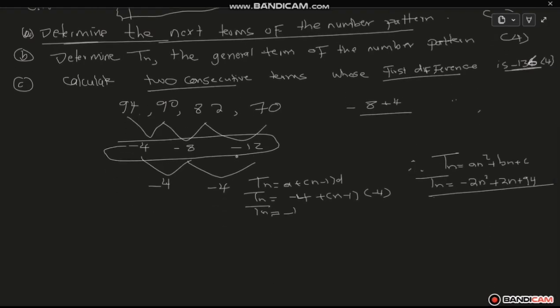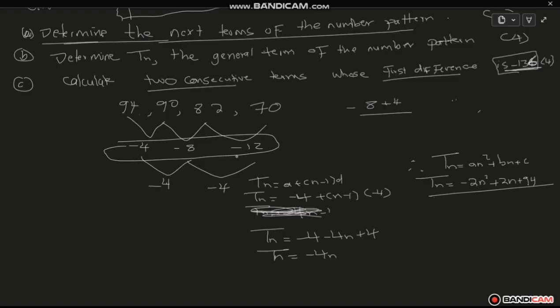So Tn equals negative 4 plus, we distribute the 4, it will be negative 4n plus 4. Therefore, you group the like terms, you have negative 4n, because the 4 and the negative 4 cancel out.